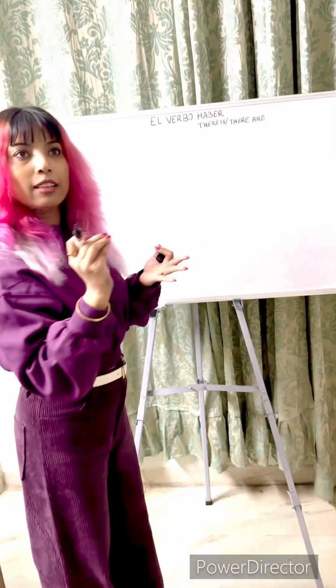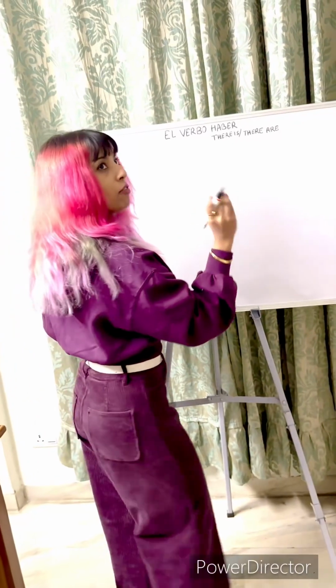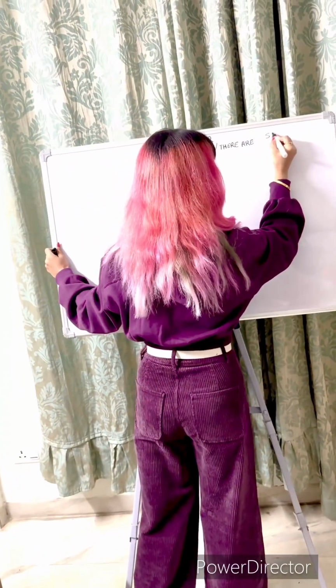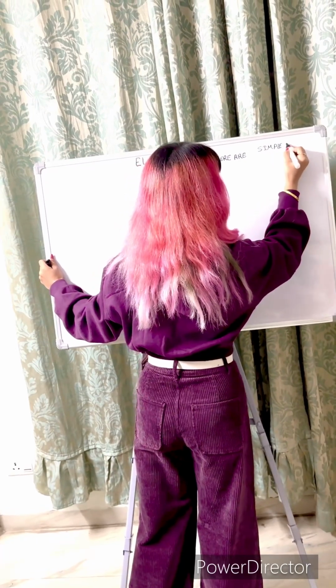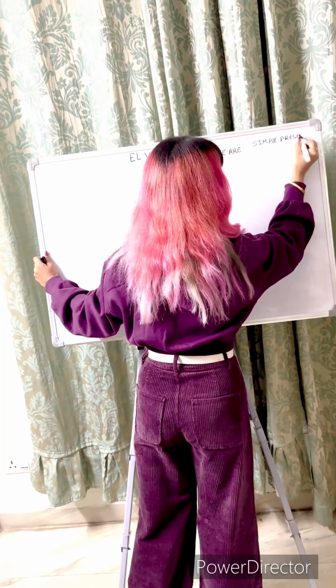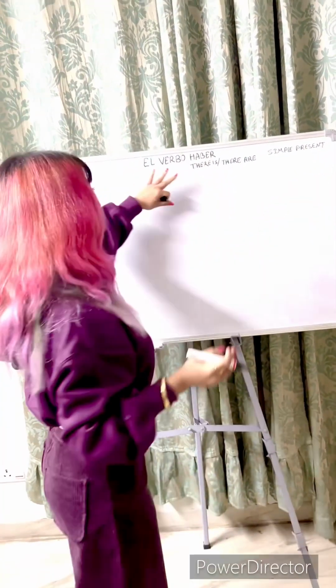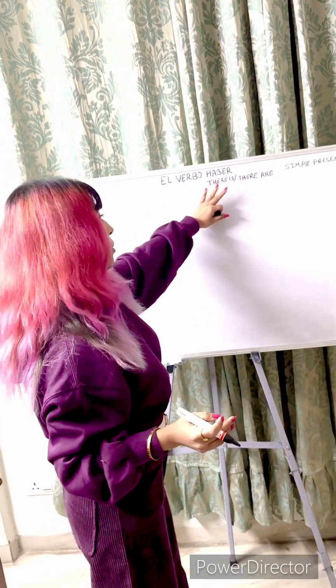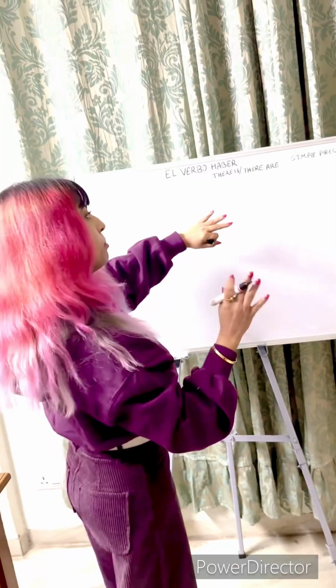So first we will learn conjugation of every verb in case of simple present tense. Simple present. And the good thing is for verb haber we do not have any conjugation in simple present tense.